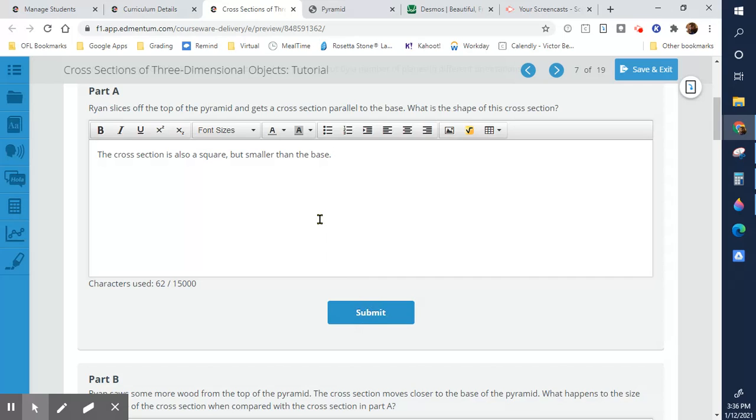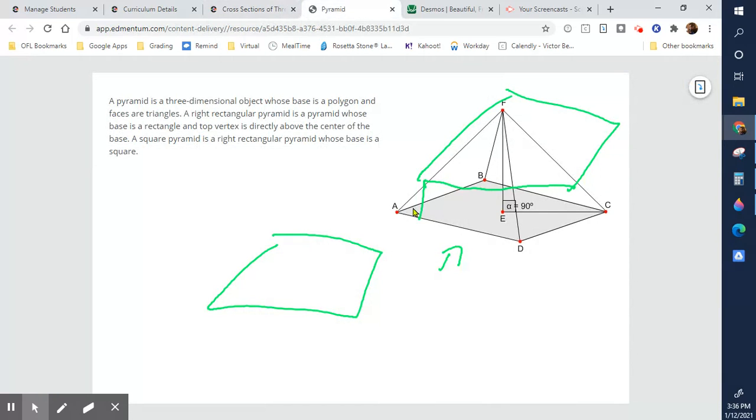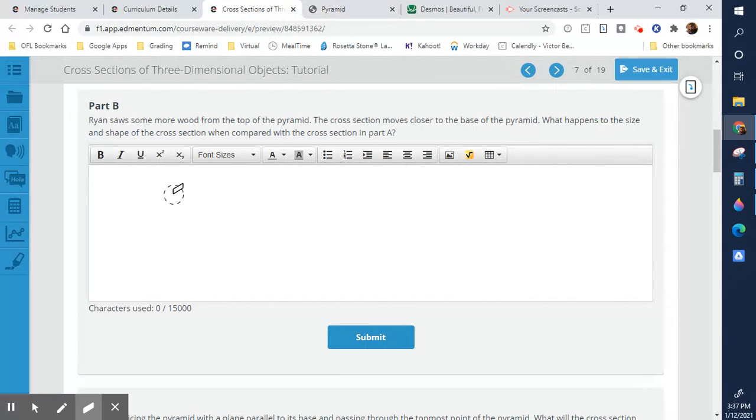Now for the next one, he saws off more wood from the pyramid. The cross section moves closer to the base. What happens to the size and shape of it? Just because it's going closer doesn't mean the shape's changing, right? He's just going to cut a little bit lower. So the shape doesn't change.